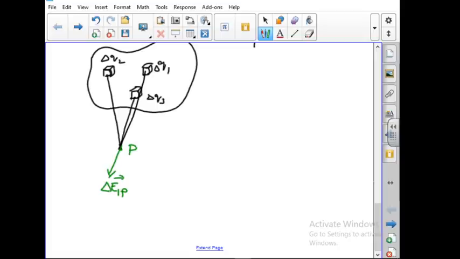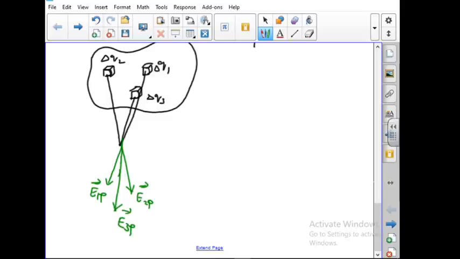Delta Q2 is somewhat at a lesser distance to P, so it is represented as E2P vector, and Q3 is at a very small distance, therefore the electric field will also be greater, E3P vector.